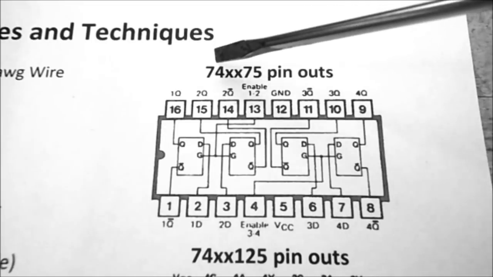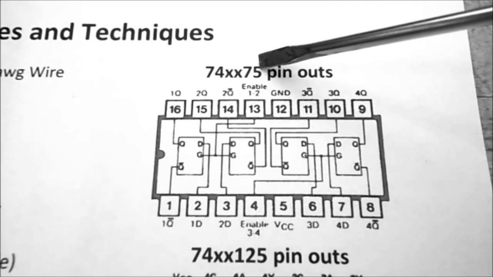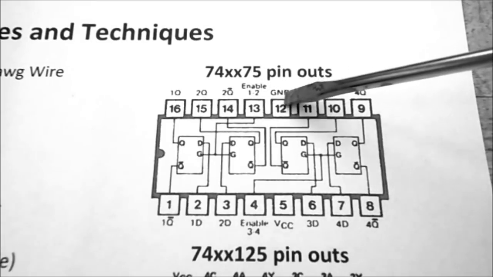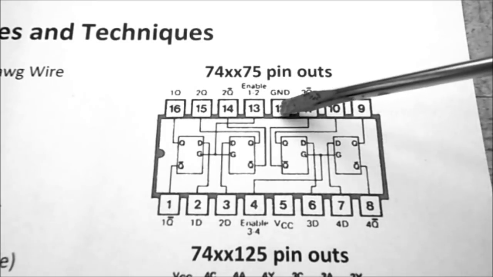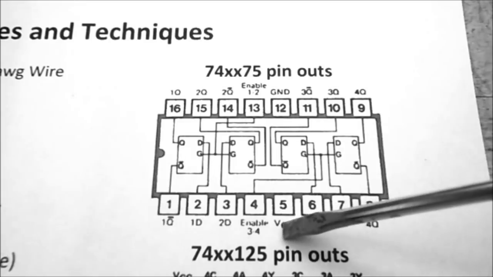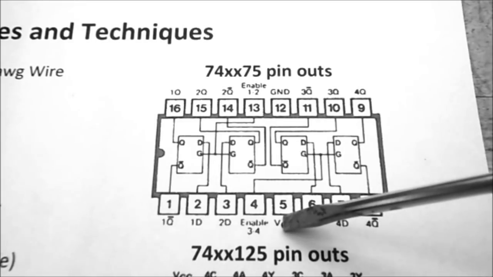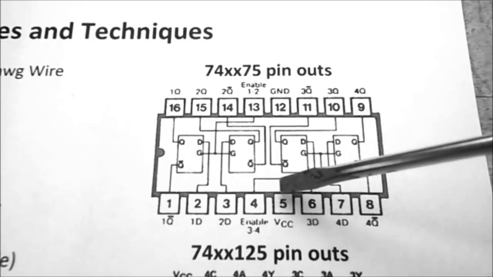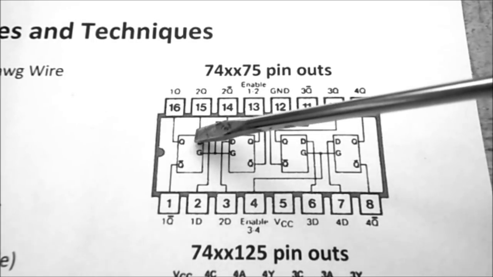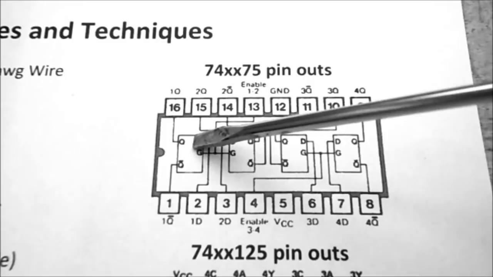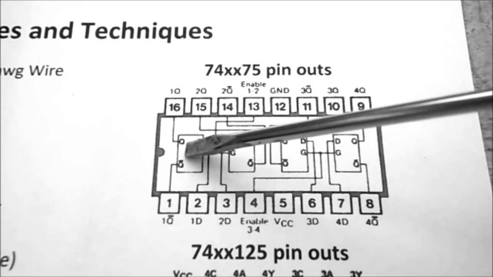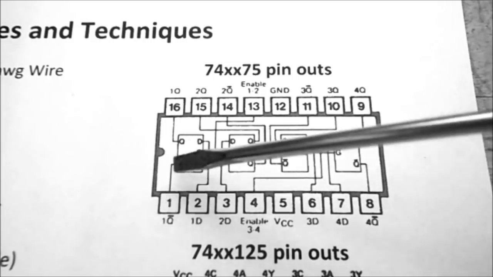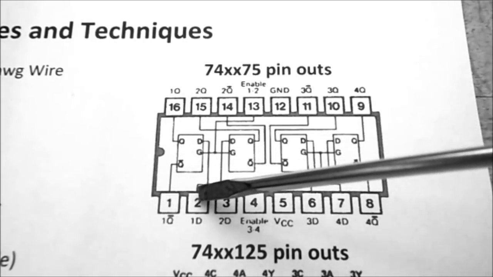When you're looking at the pinout for the 7475, I just wanted you to be aware that the ground pin is on pin 12. VCC is on pin 5. So it's kind of an odd arrangement that we don't normally see. The first latch, the Q is on 16, the Q0 is on 1, and the D is on pin 2.